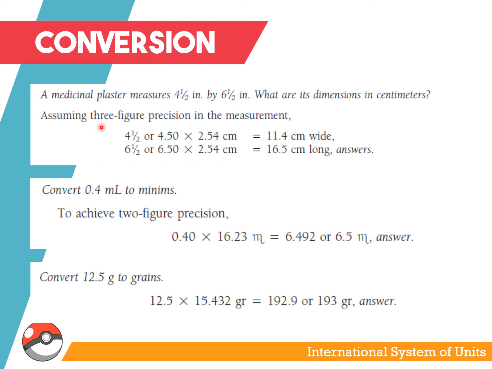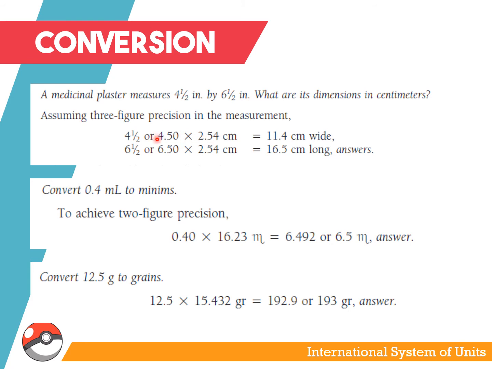Assuming 3-figure precision in the measurement, 4.5 is equal to 4.50, and 6.5 is equal to 6.50. In the part on fractions and decimals, we stated that it is better to use decimals rather than fractions, right? So we have 1 inch is equal to 2.54 centimeters.